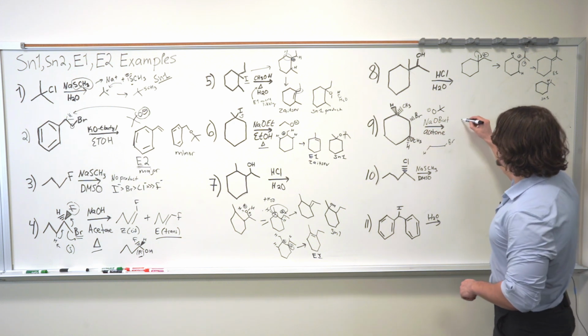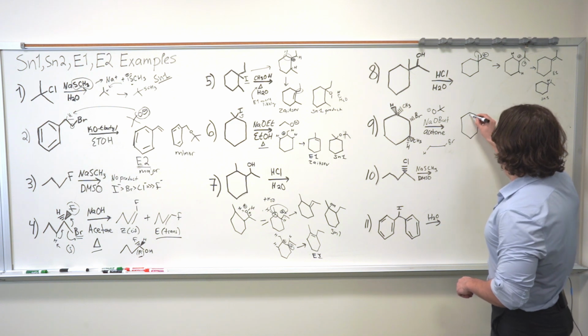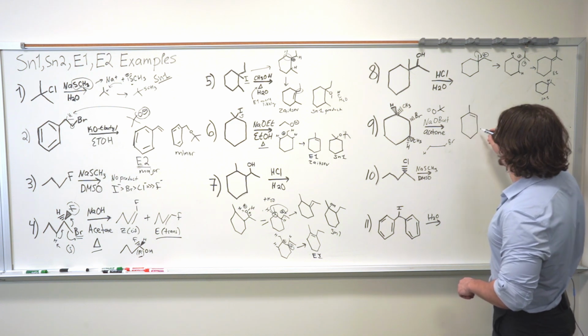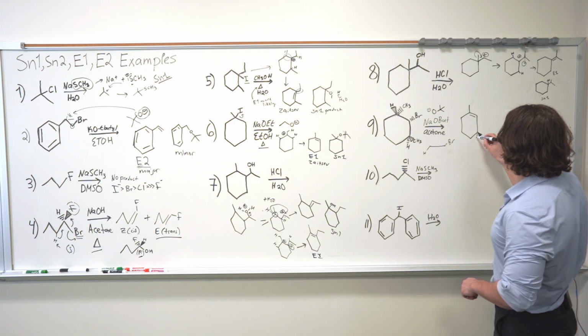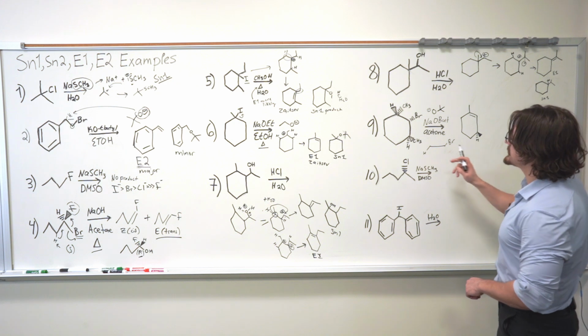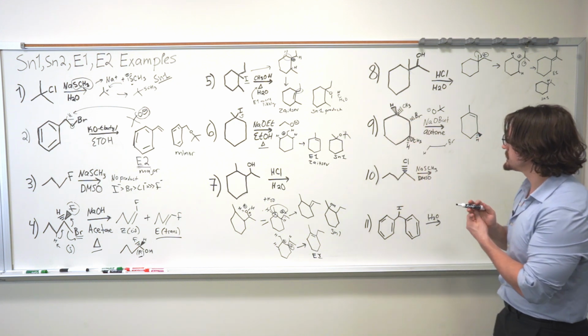So when we do the E2 here, right, we're going to have this form. And then I guess we'll keep the stereochemistry to emphasize that here. Now, of course, this is a symmetric molecule, so these aren't chiral centers in any case.